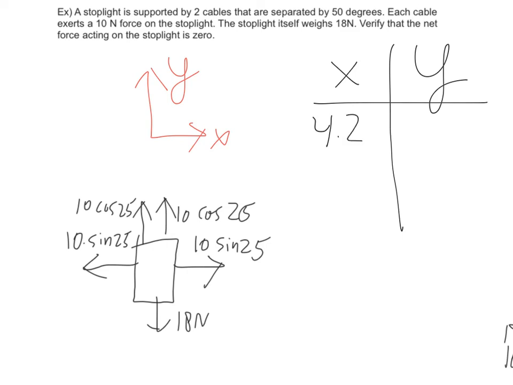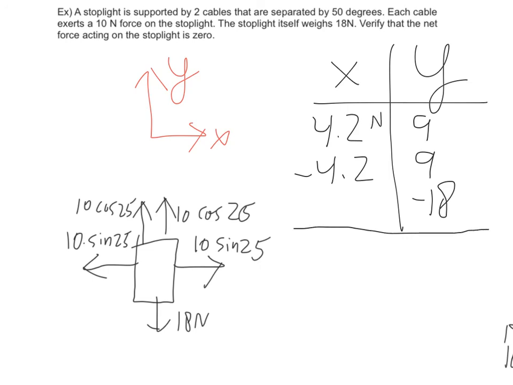We will also have a negative 4.2, which would come from this x component right here. And then in the y direction, we will have a positive 9 from both of these components here, and a negative 18 from our gravitational force. Keep in mind, these would all have units of newtons, since we are talking about force vectors. And our grand total would be 0 newtons in the x direction and 0 newtons in the y direction.